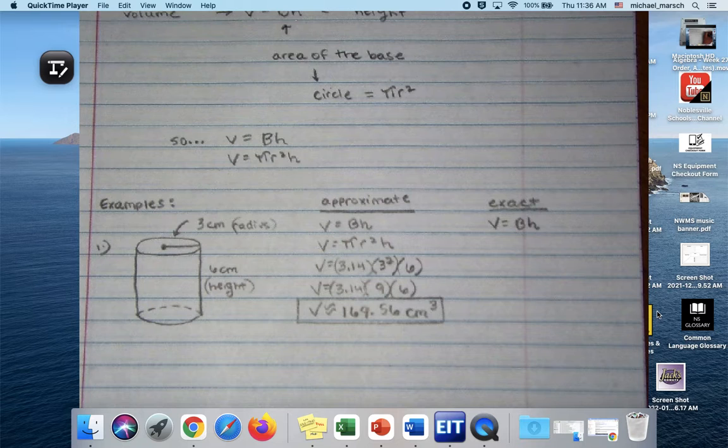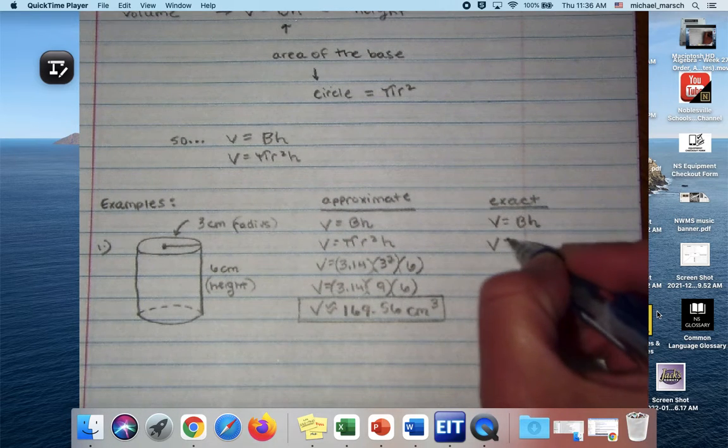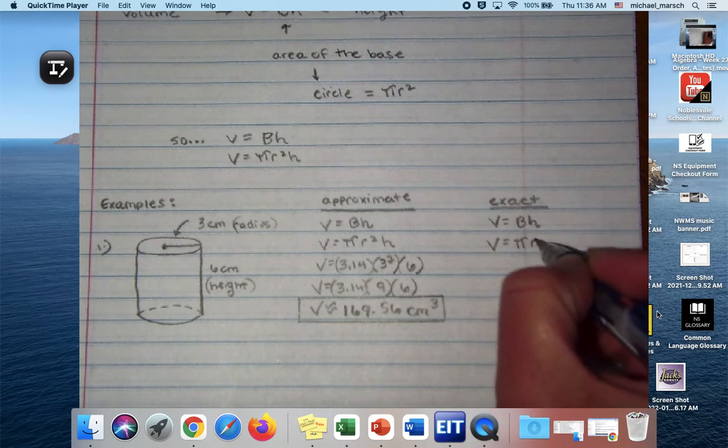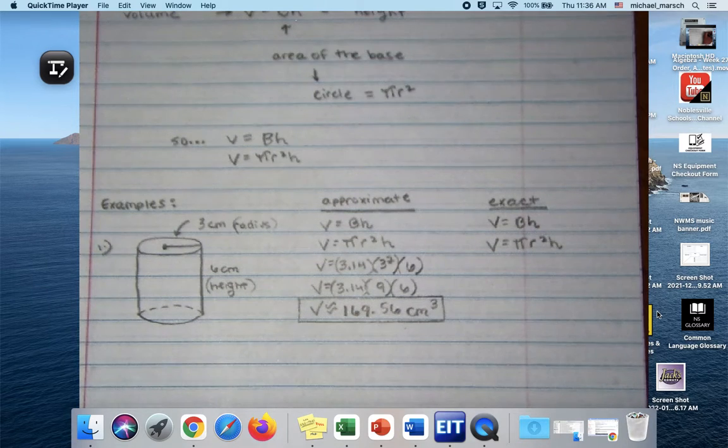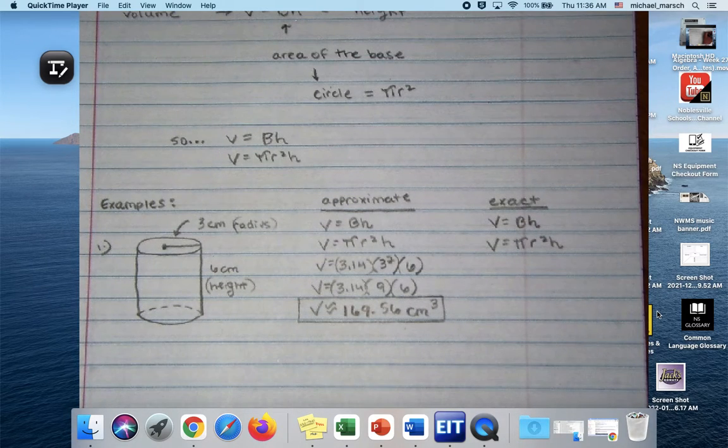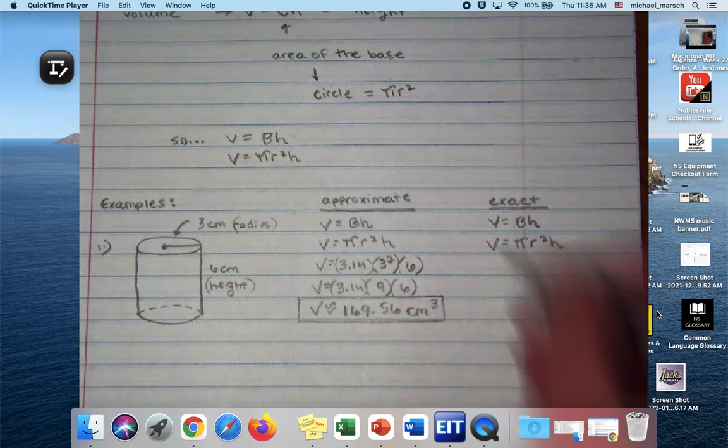Okay, my next line is going to look the same as well. Pi r squared h. And this is where it gets different than the one that we did before. I'm not going to put 3.14. I'm just going to keep the pi symbol there.